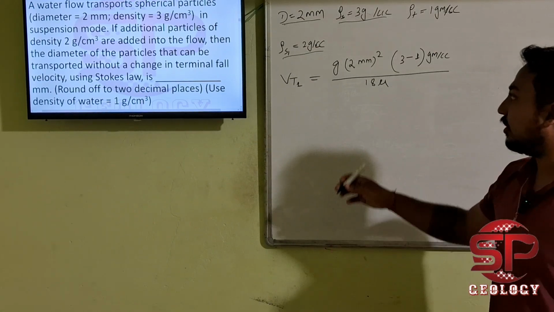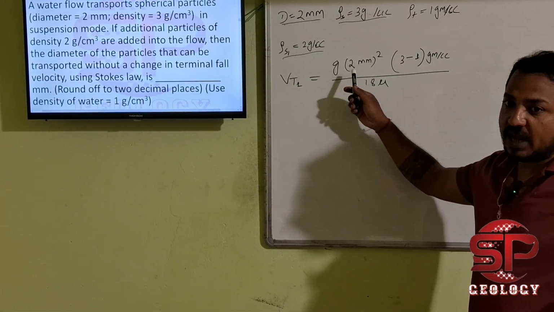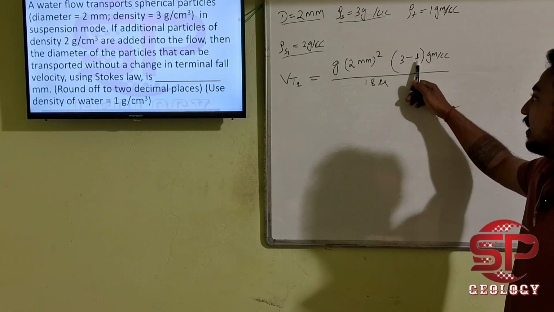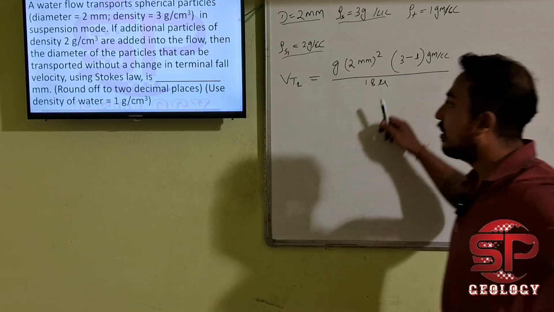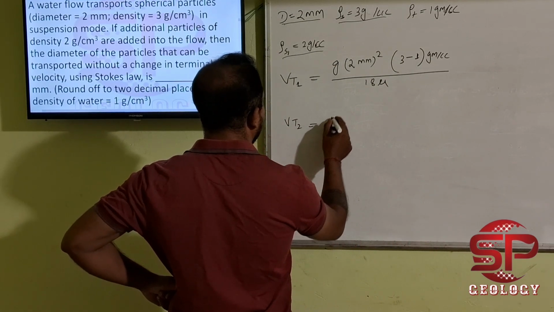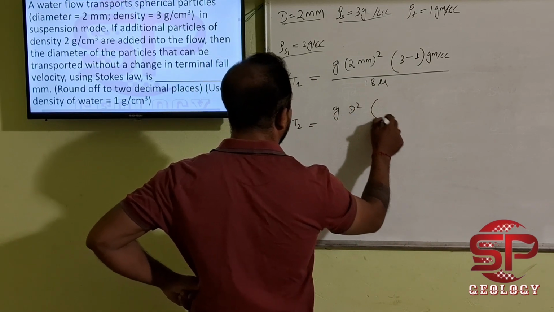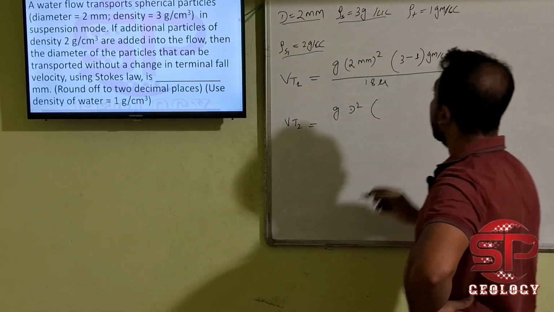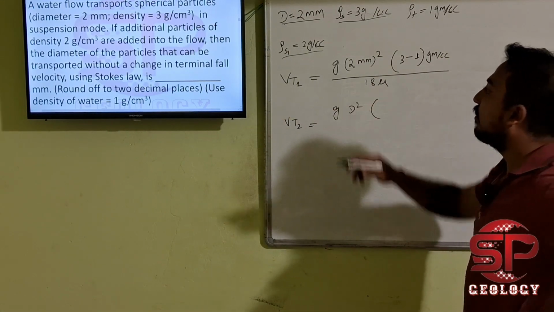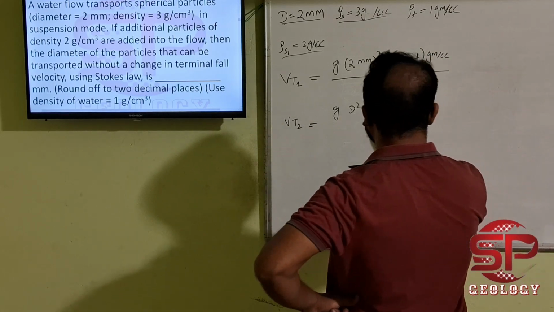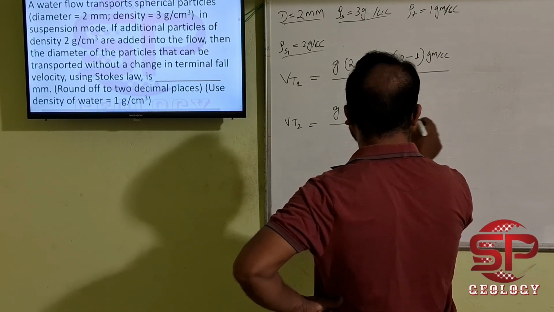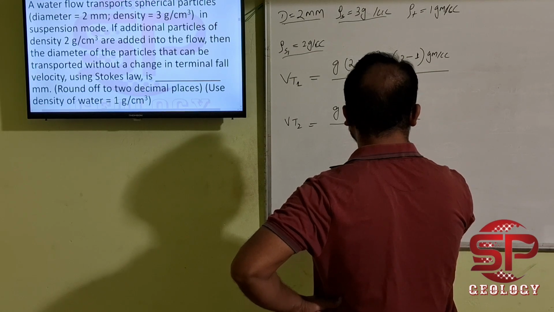Then Vt2 will be g d square. The density of water will remain the same, but the density of the particle is changed to 2 minus 1, divided by 18 mu.